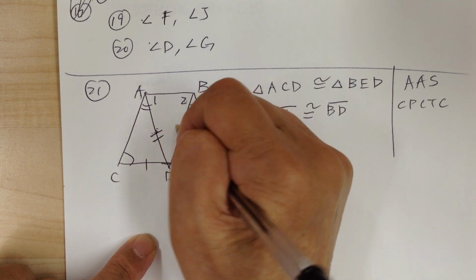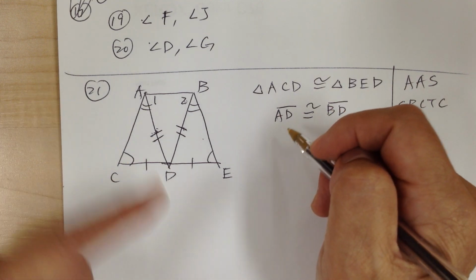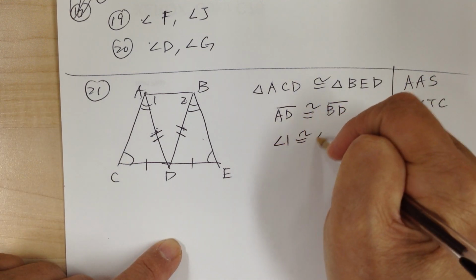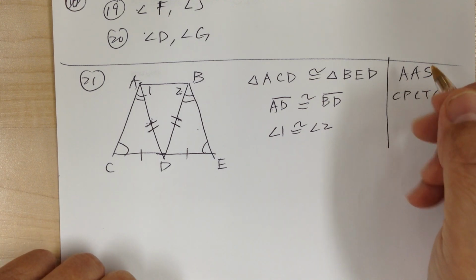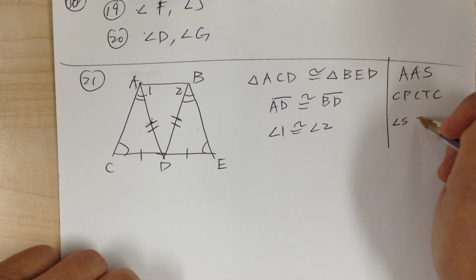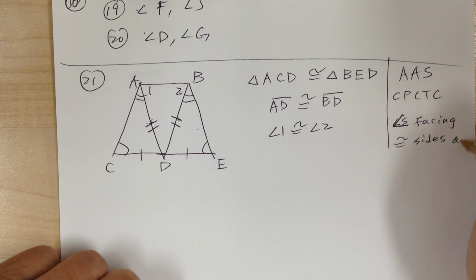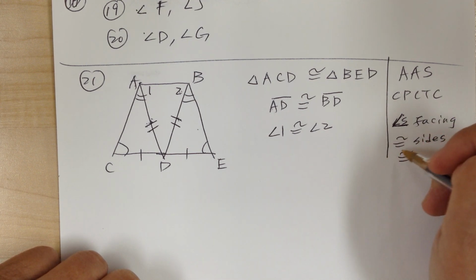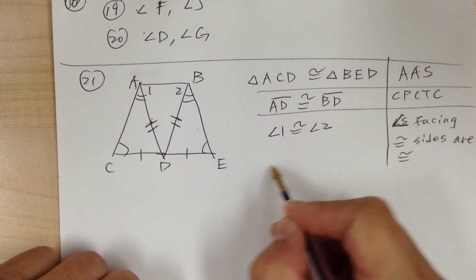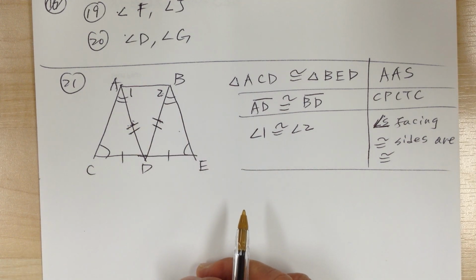After that, you can say angle 1 is congruent to angle 2, and the reason would be that angles facing congruent sides are congruent. So that's the quick summary of the steps to prove that.